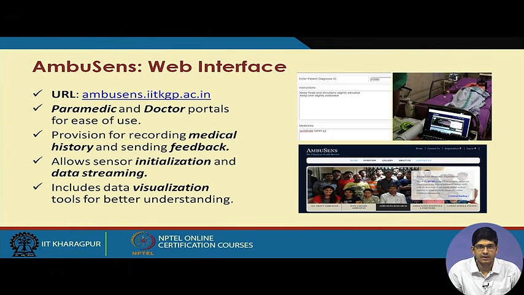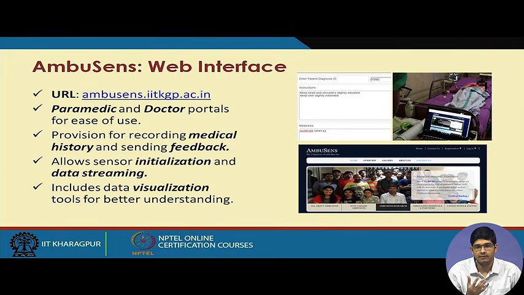The Ambusens project also incorporates a web based interface for doctors and paramedics for using the different functionalities of the system. Functionalities may include features such as we have developed provisions for recording the medical data.